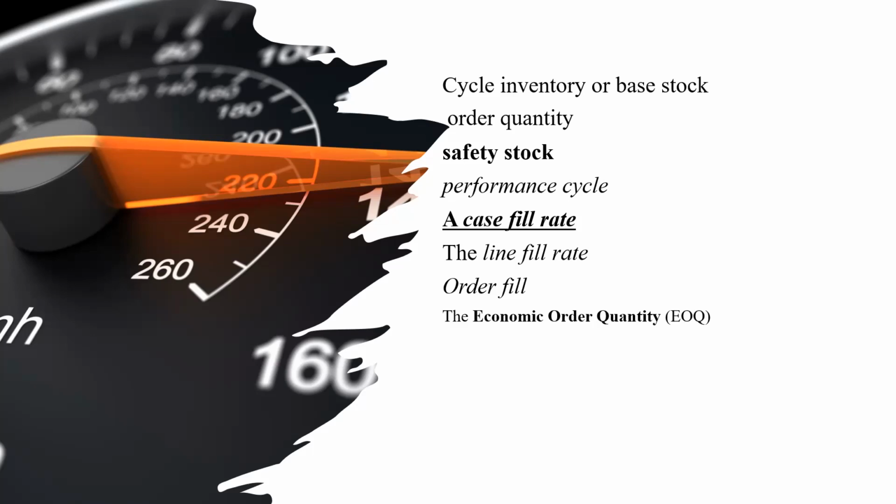So there's a formula that we use to calculate the economic order quantity, and it helps us to determine the minimum total cost of cycle inventory, which needs to be fulfilled.